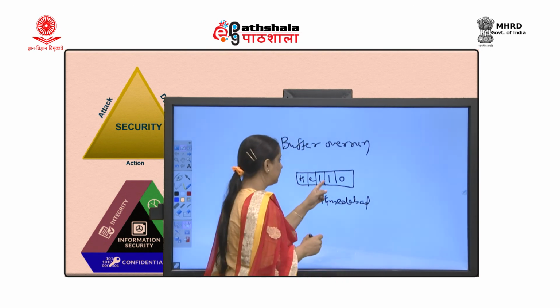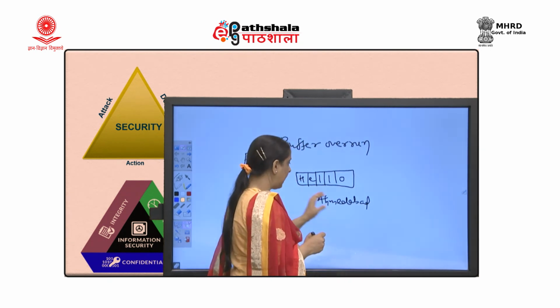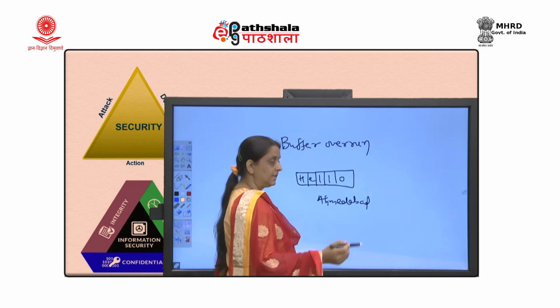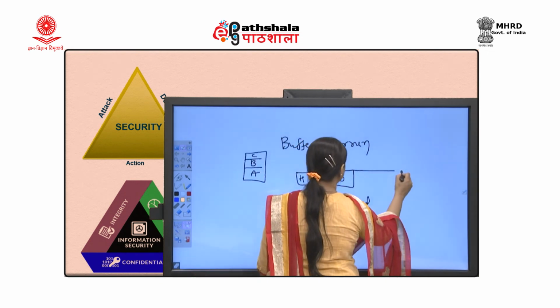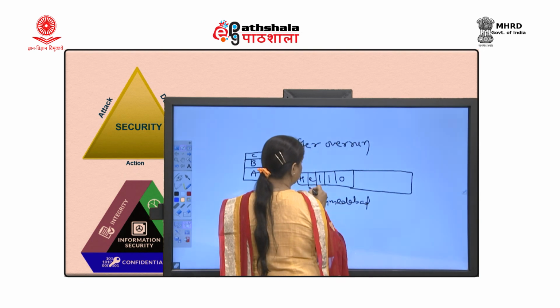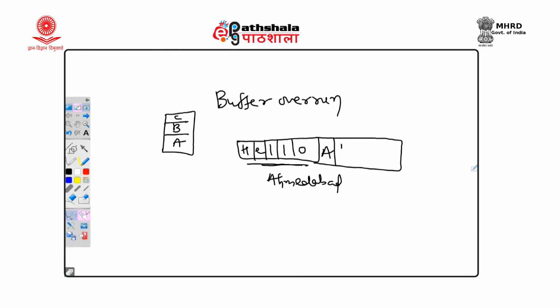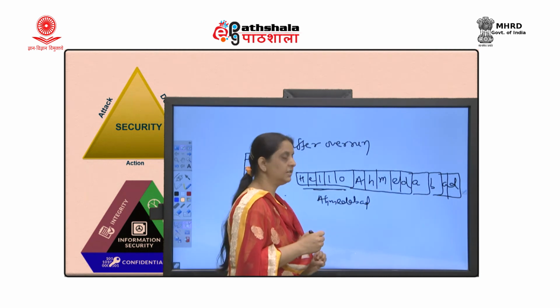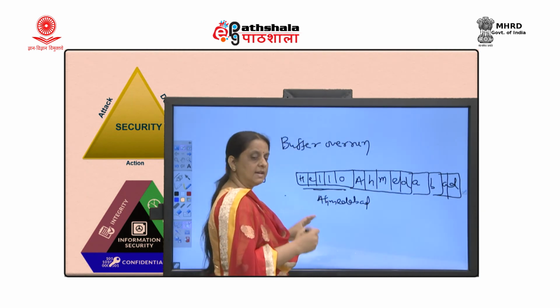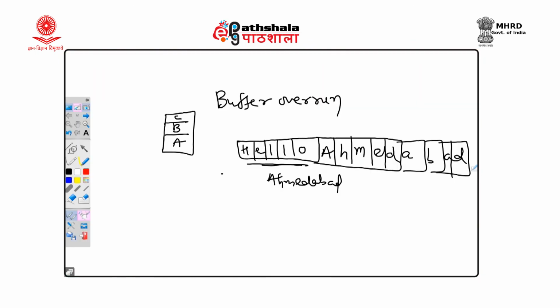You thought that Ahmedabad would not be taken care of, but in a buffer overrun, though you have only 5 spaces for the buffer, your input expands into another memory area, overriding what was there in the memory. That is a buffer overrun.